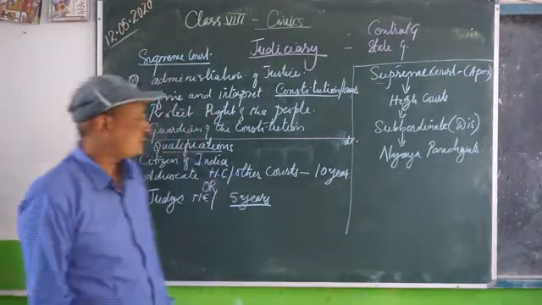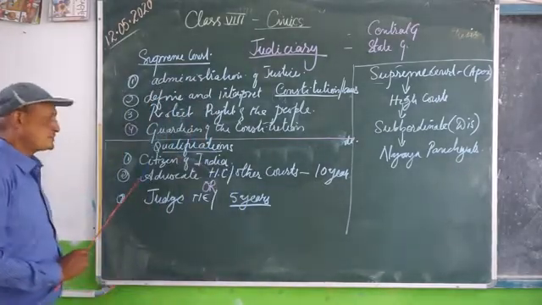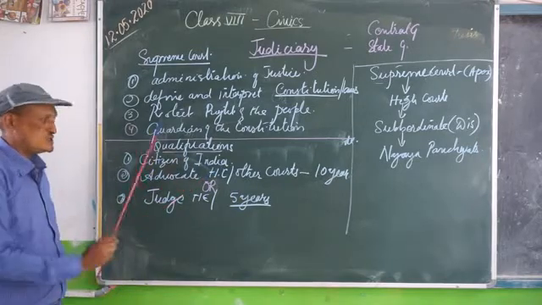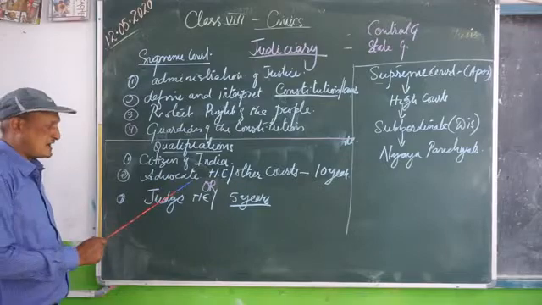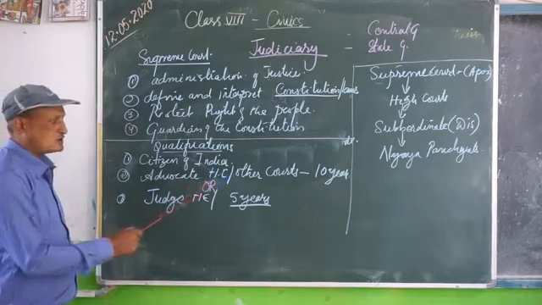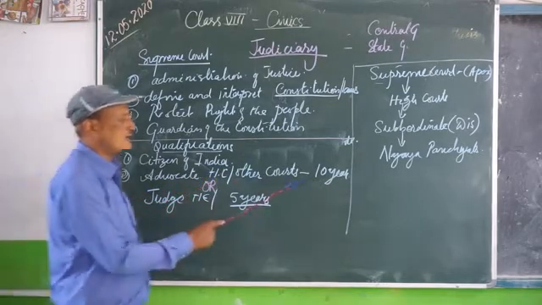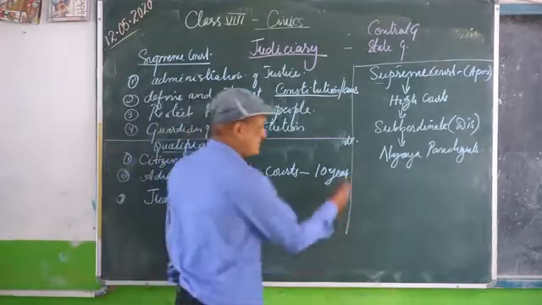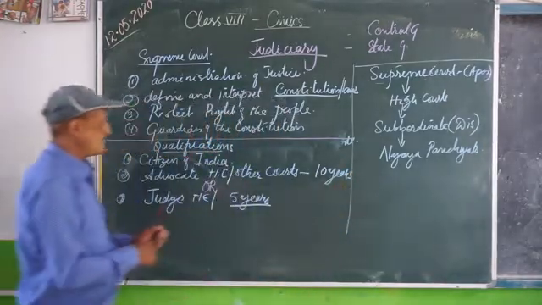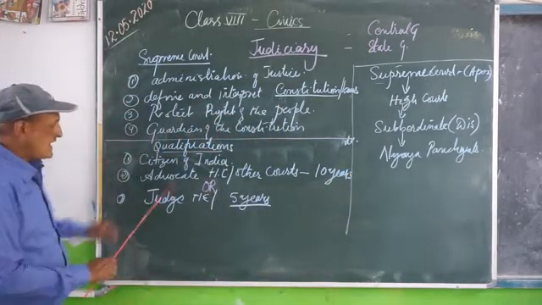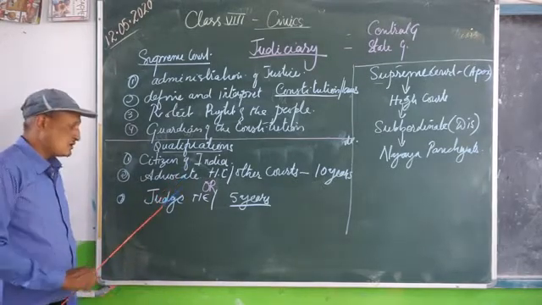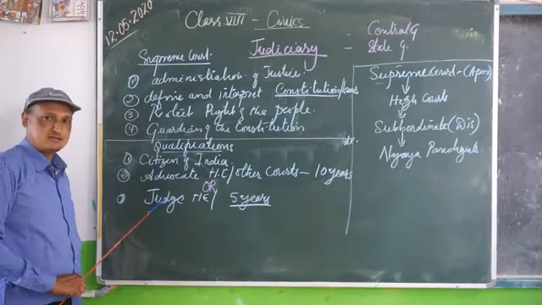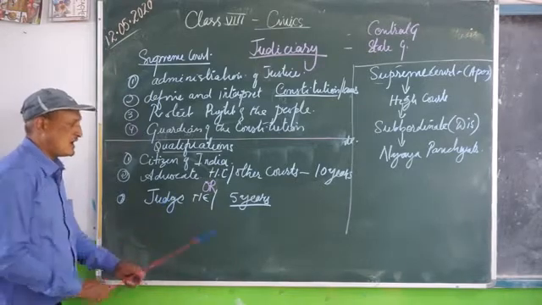Once again, the qualifications are: the person should be a citizen of India. Second, he or she should have worked as an advocate of a high court or other courts for at least 10 years. If he or she has not worked as an advocate, he or she might have been a judge of the high court.